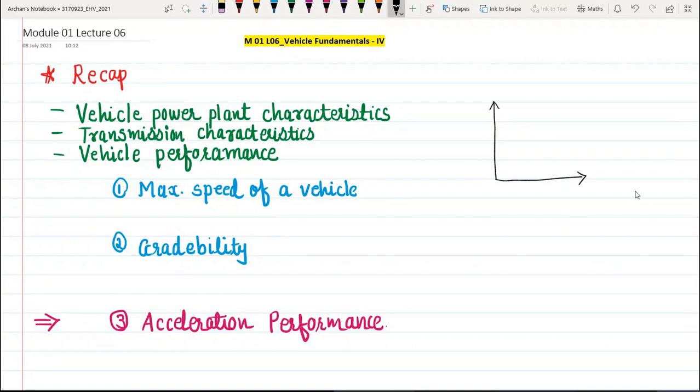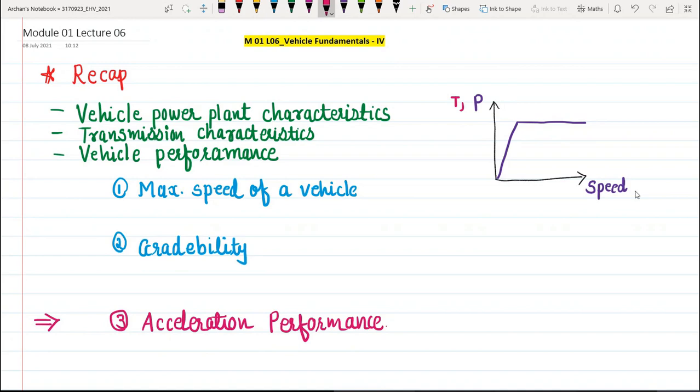Okay, so in case of power versus speed characteristics, the ideal characteristic would be like this, right? Power remains almost constant over the entire speed range, right? And then we have seen the torque speed characteristics also, right? So in torque speed characteristics, what we have observed?